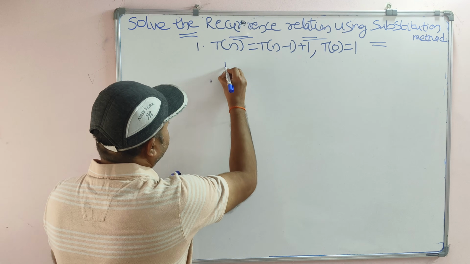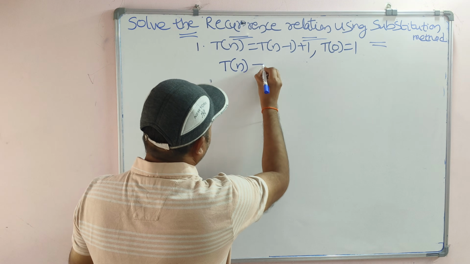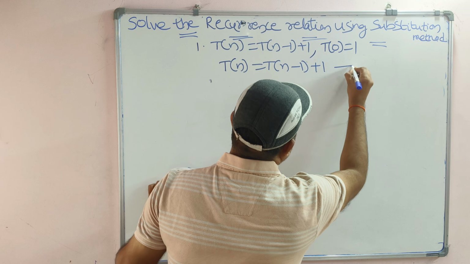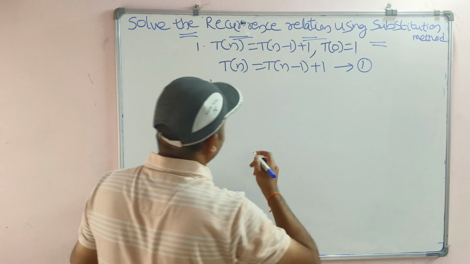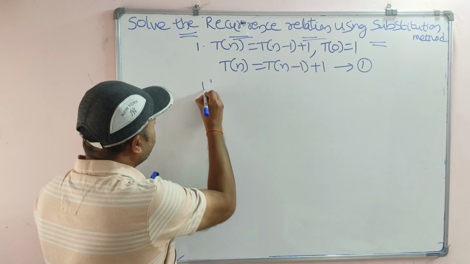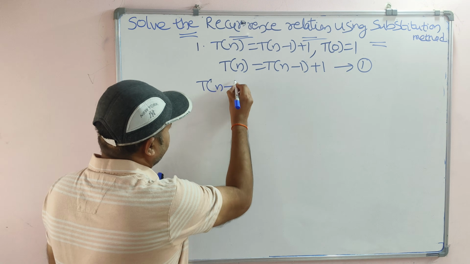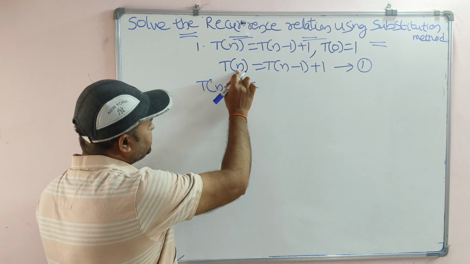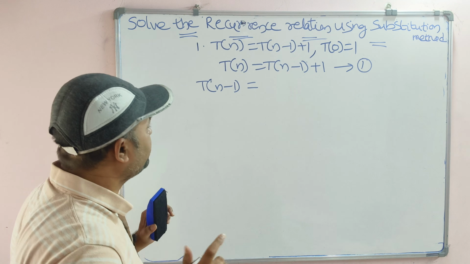So here T of n is given. T of n equal to T of n minus 1 plus 1. Let it be equation number 1. Next here we have T of n minus 1. So let us obtain the formula for T of n minus 1. Already we know T of n, so in place of n we have to substitute n minus 1.